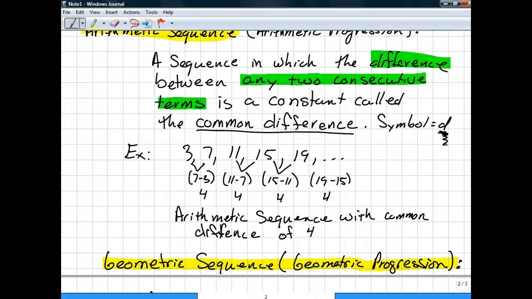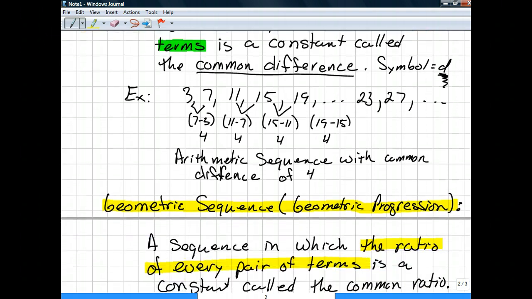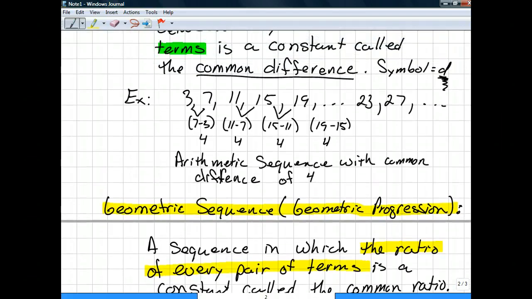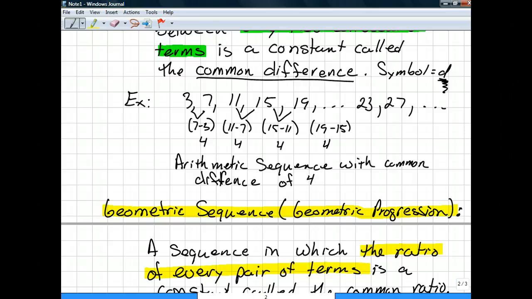When we know the common difference, then we can find additional terms. Because I know the common difference is 4, I know that the next number in the sequence must be 23, and then the one after that must be 27, etc. So the common difference allows me to build the sequence. In this case, it's an arithmetic sequence with a common difference of 4.